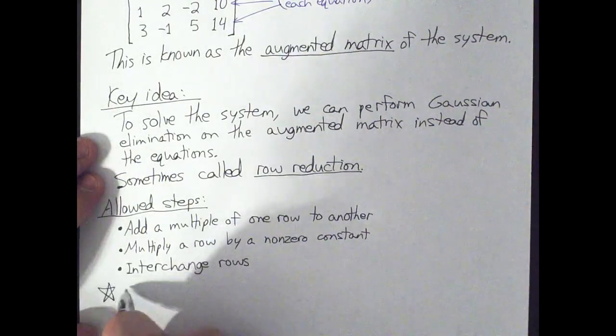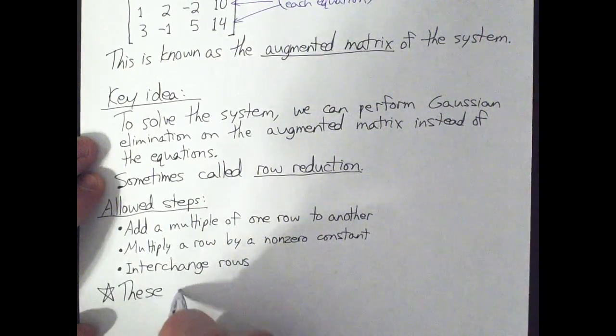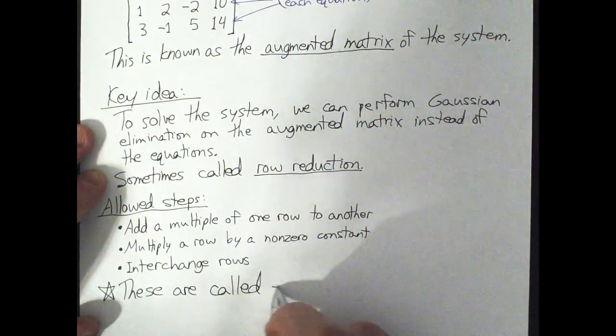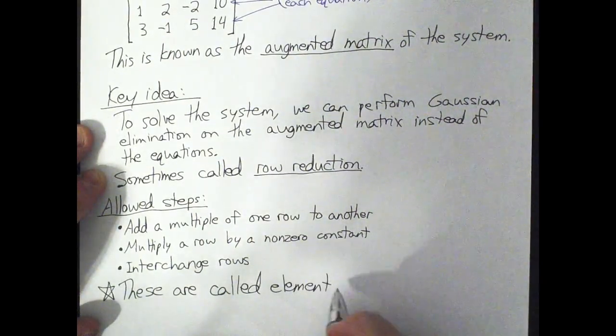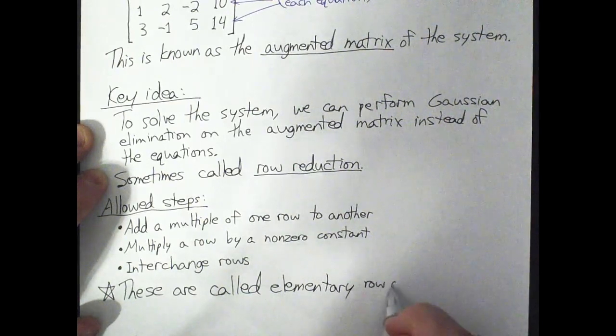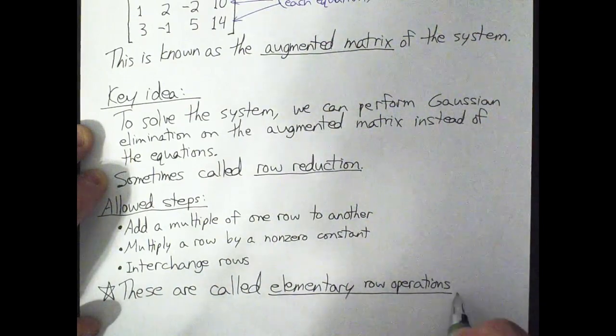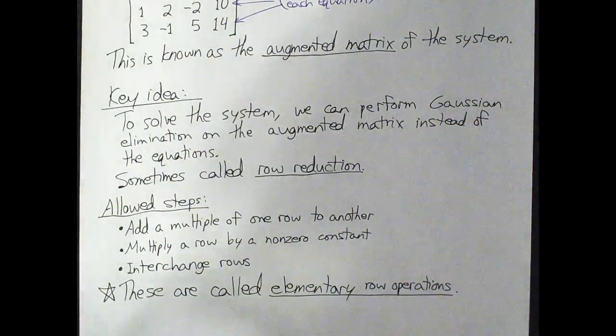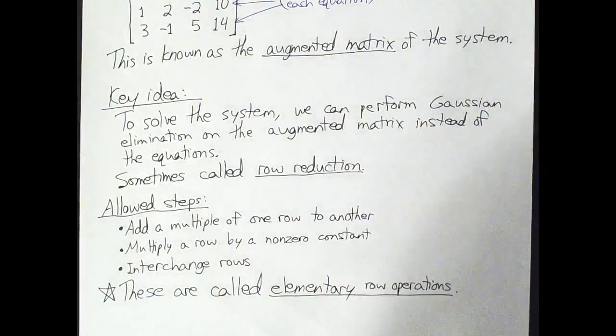And collectively, these are called elementary row operations. So we use a combination of several elementary row operations to perform row reduction, which is really just another way of thinking of Gaussian elimination. This is all to help us solve systems.